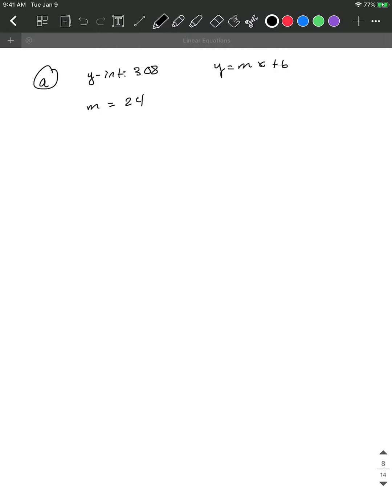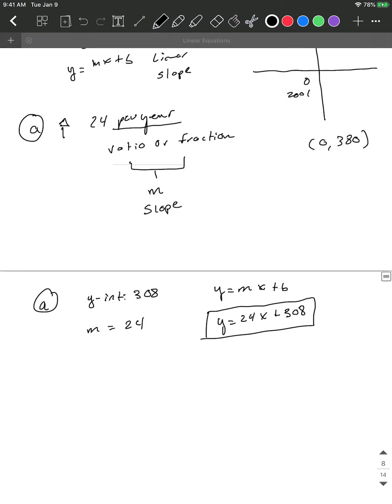The best strategy you can do is just keep on writing it down. Now we fill in the information, so we get y equals 24x plus 380. This will be the equation of the line. It helps demonstrate for the school how many students are increasing per year. All right, so that's question A.